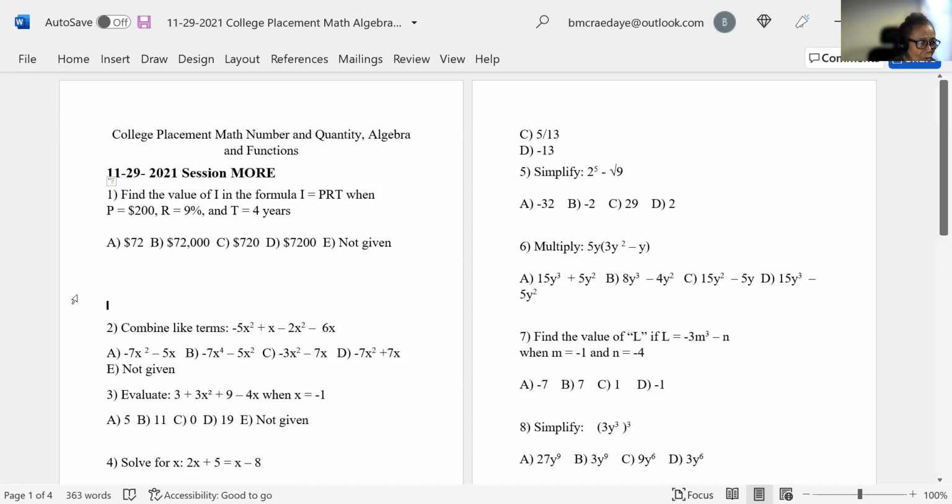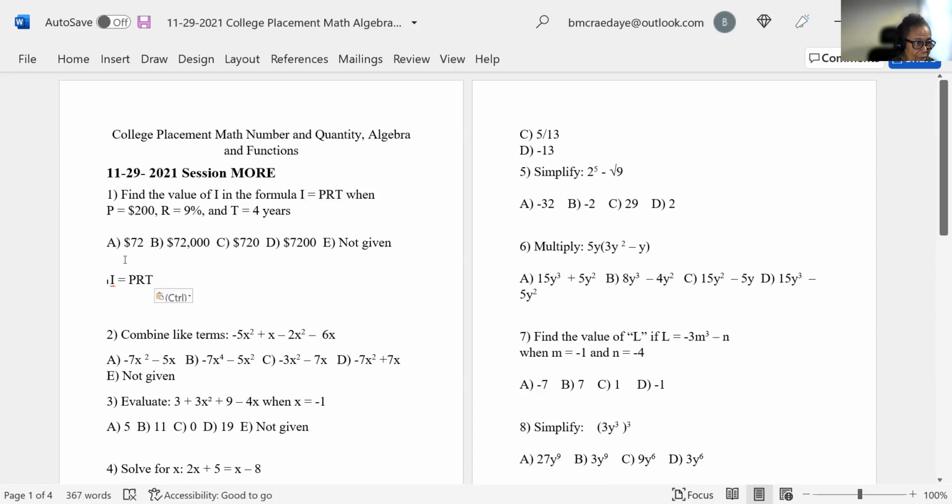Okay, so that means we want to calculate I. Just copy it. So I is equal to PRT.